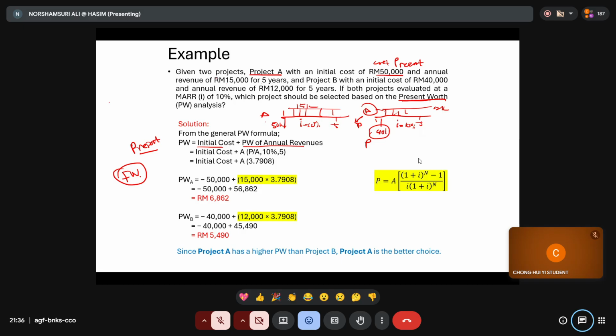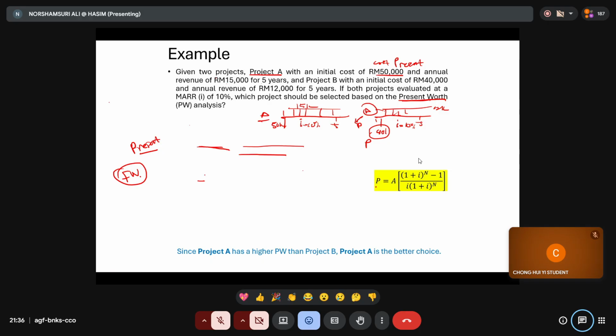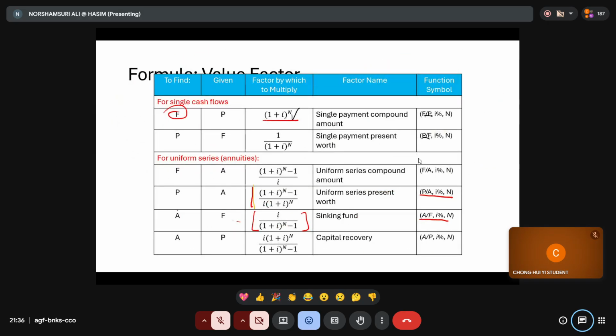So now, for example, project A, the initial cost is already in present. So put the value 50,000 as negative because it is your cost, and then you get the annual value. This one annual value you have to calculate, using the same formula that we have, P over A. We want to get the present value when given the annual value.